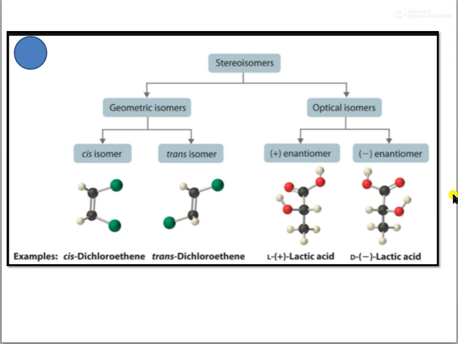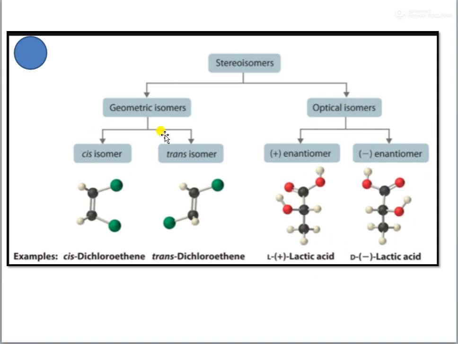If you have two different isomers which have the same molecular formula, but they differ in the 3D or spatial arrangement of the different moieties, you can see this over here. The white and the yellow are found towards one particular location over here, and they are found in the opposite direction for the other. So in such cases, they are referred to as the optical isomers.